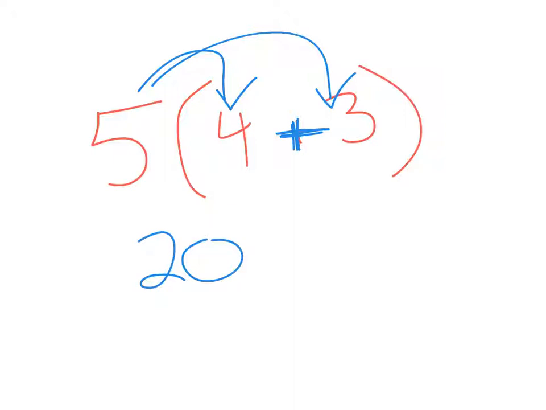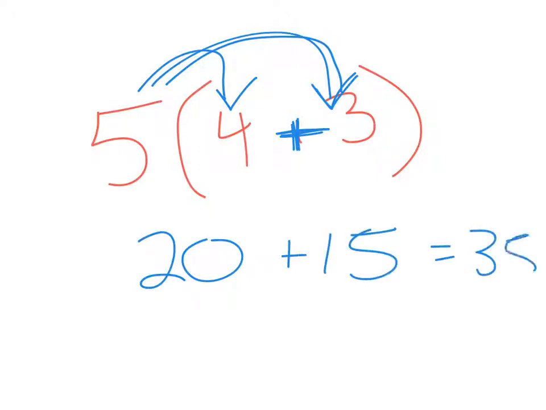We will get to that when we get into some problems a little bit later, so that'll make more sense then. But that's something you need to think about, especially when we're applying this distributive property. So 5 times 3, I know, would be 15. So this is the same thing as 20 plus 15, which is 35.